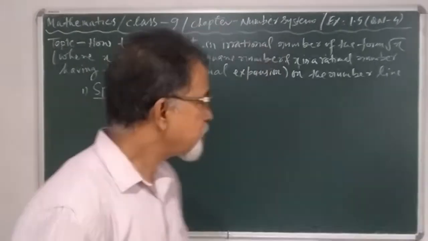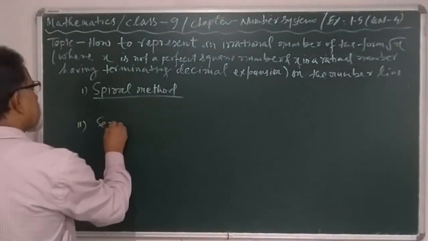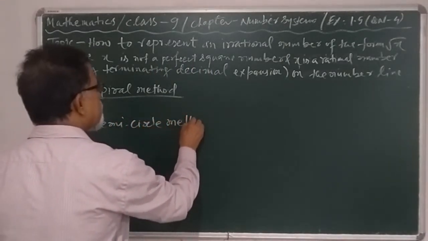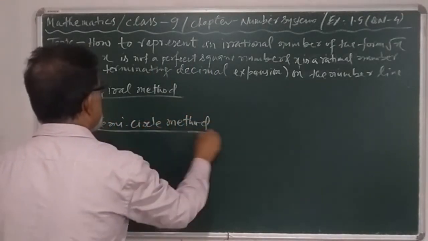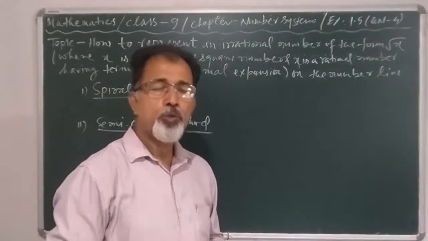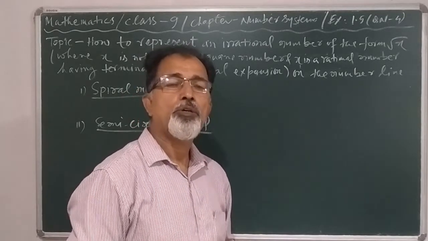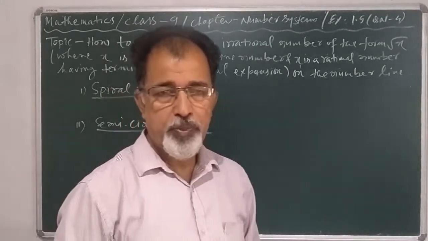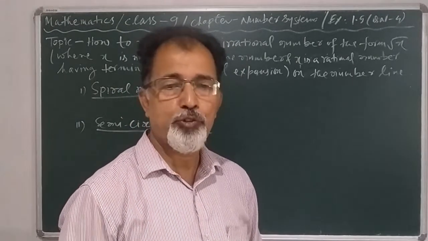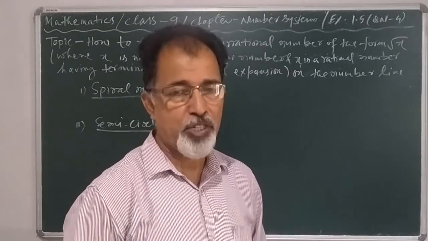Another method is the semi-circle method. This method can be used to represent an irrational number which is of the form root over n, where n is a natural number and n is not a perfect square number.